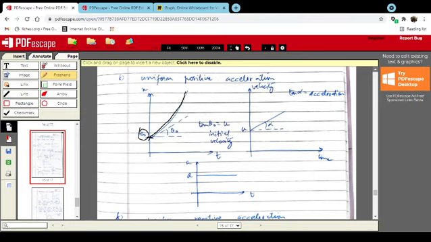Now here also, if you look carefully, we have the slope of the graph. To find the slope, we have drawn a tangent and we take the slope of this tangent. Now the slope of this tangent is tan theta naught, and we know that the slope of the tangent gives us the velocity at a particular instant.